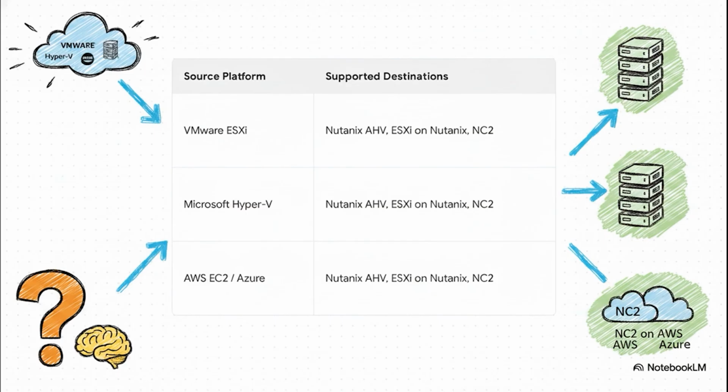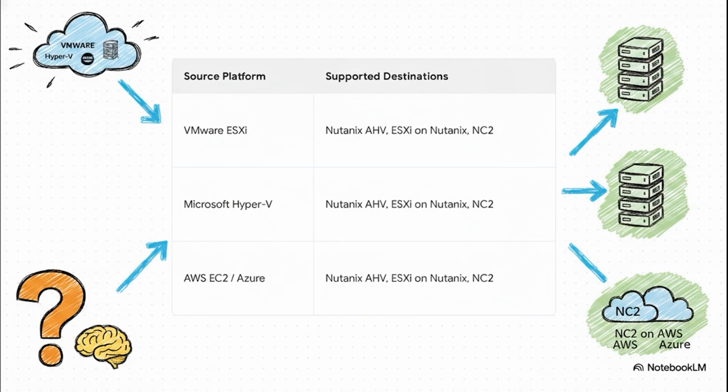So let's talk about the exact supported migration pairs you need to commit to memory. Try to notice the patterns here, because understanding this logic is really going to help you eliminate wrong answers on test day. If you're starting from VMware ESXi, you can move to Nutanix AHV, ESXi-on-Nutanix, or to NC2 on AWS or Azure. Microsoft Hyper-V actually has very similar flexibility. It allows migrations to AHV, ESXi-on-Nutanix, and NC2.